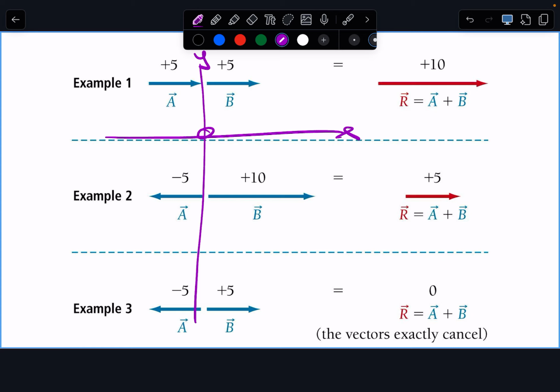They're going to be plus 10 in that particular direction. Let's look at example 3 first, and then we'll go back to 2. If we have two that are the same size, the same magnitude, they're both 5, but one's positive and one's negative, then they're going to cancel each other out when we add them together. They're going to null out each other's effect and have an overall effect of 0.